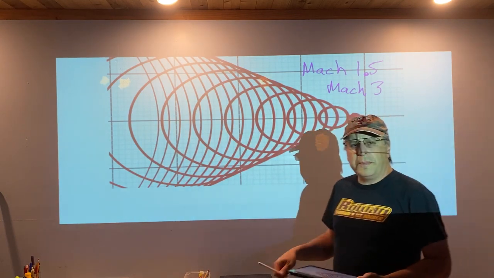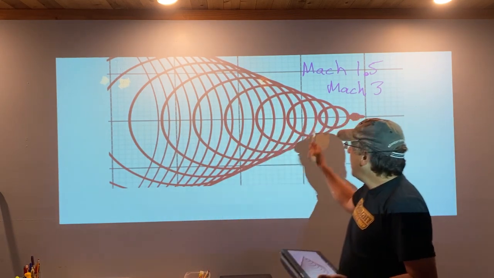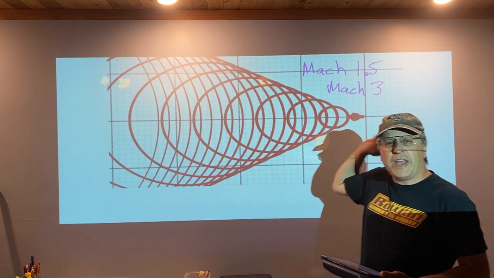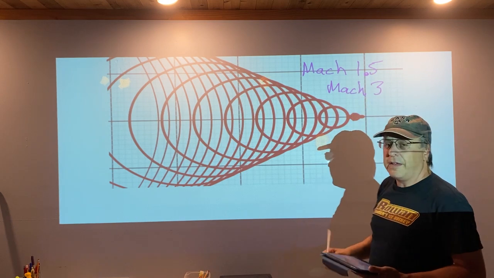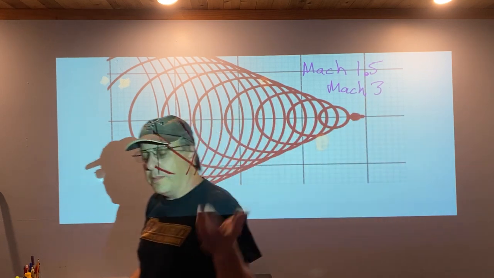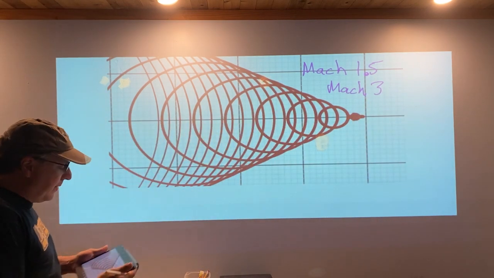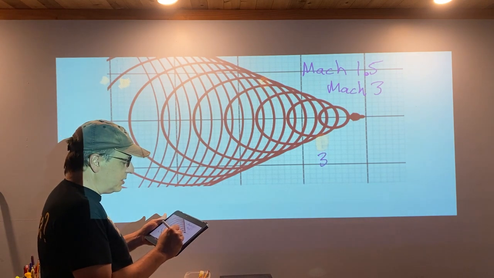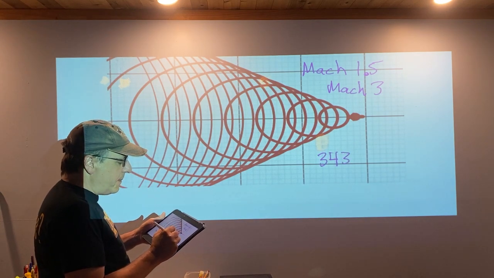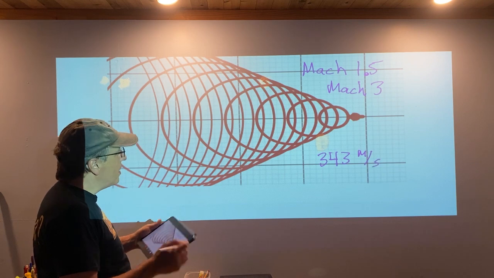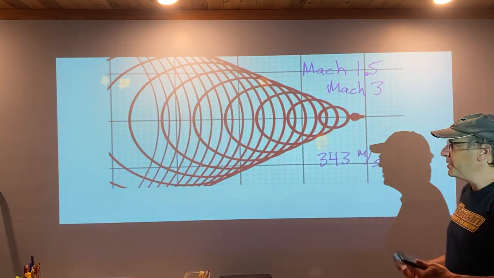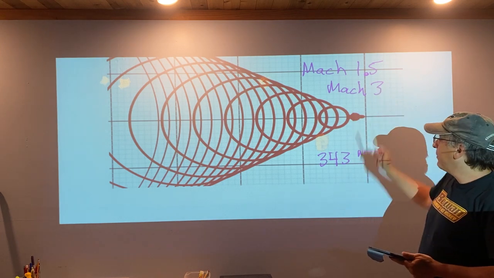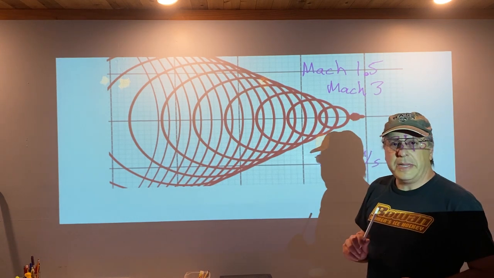So Mach 1 would be the speed of sound. Mach 3 would be 3 times faster than the speed of sound. Mach 1.5 would be 1.5 times the speed of sound. Again, the speed of sound changes based on temperature, but at room temperature it's somewhere around 343 meters per second. So if you're going Mach 3, you're going over 1,000 meters per second.